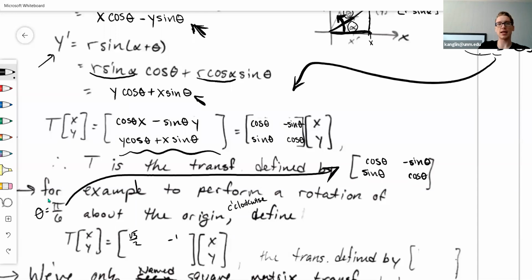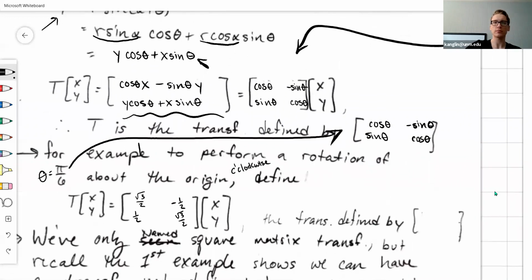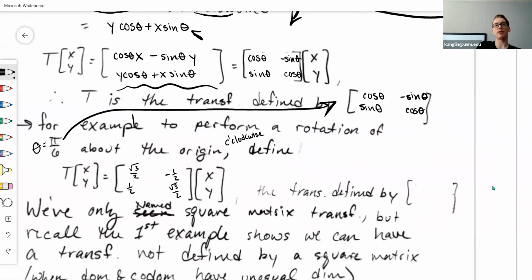Negative sine of pi/6 is -1/2. Sine of pi/6 is 1/2. Cosine is √3/2. So multiplying your input by this specific matrix is a specific rotation of pi/6 counterclockwise around the origin. In other words, rotation by pi/6 is defined by this matrix. That's a transformation defined by this matrix.